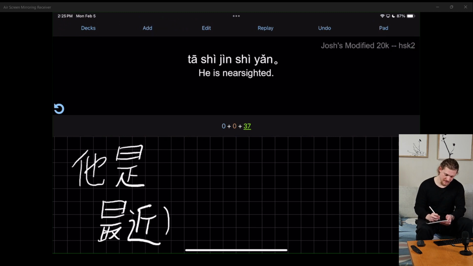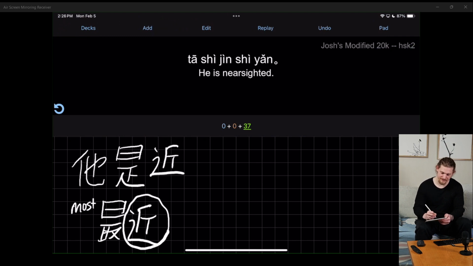So here, that 近 means close or near. And this 最 means the most. So we have most close. So 他是近视眼, 近视. Now, which 视 am I looking at here?